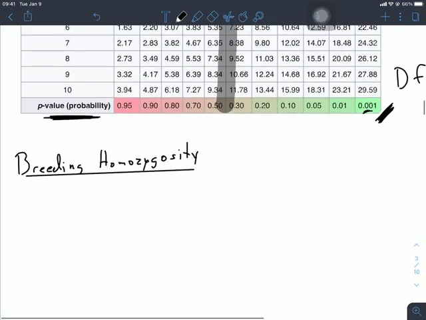So the last topic here has to do with breeding questions, where we want to breed for homozygosity. Oftentimes in corn breeding, you want to produce inbred lines that have very, very little heterozygosity, so that way you can very easily predict things about their progeny, right?